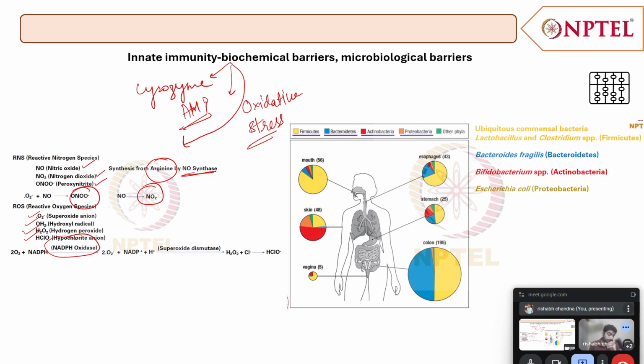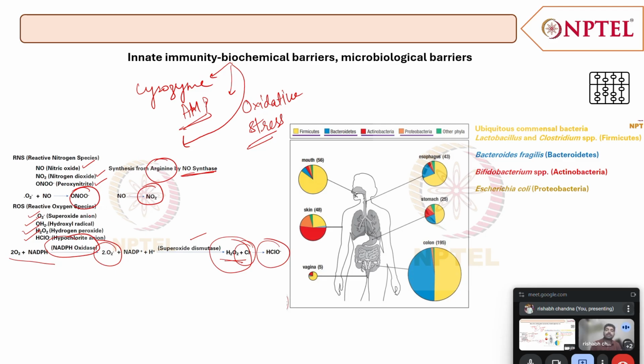So when NADPH reacts with the oxygen, it produces superoxide ion and the NADP plus and H plus. Then superoxide dismutase produces H2O2 plus chloride ions. And then chloride ions when attached to H2O2 can produce HClO minus, that is hypochlorite ion.